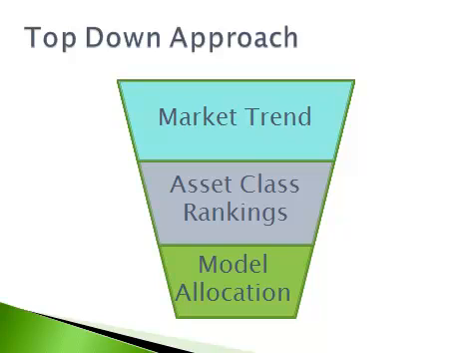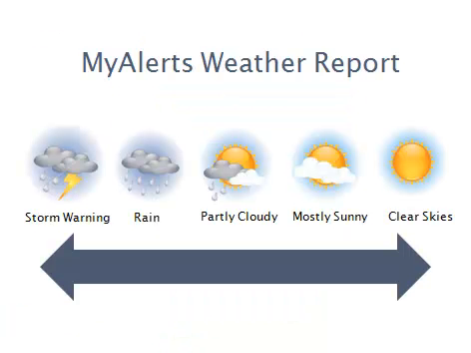So once again, we use a top-down approach in managing portfolios. That begins with looking at the overall trend of the market. So the question is, how do we report that to you each month? Well, we've designed the MyAlerts Weather Report. What we've done is we've taken all of the technical indicators that we've designed to use in the MyAlerts system and summarized them in an easy-to-use, easy-to-follow indicator.